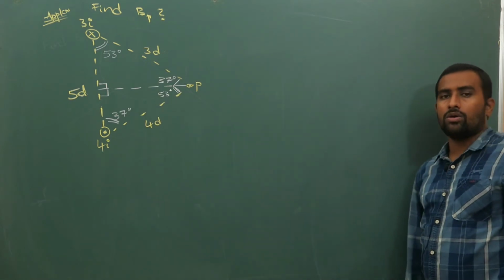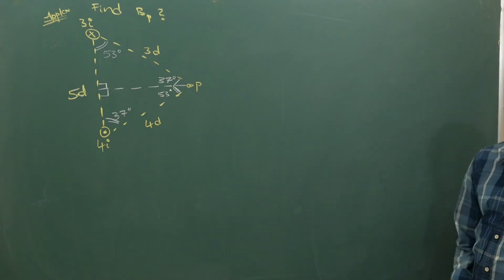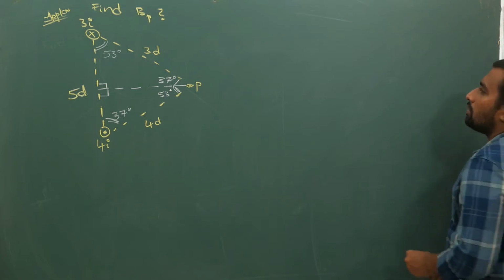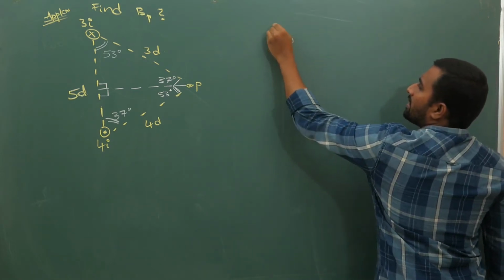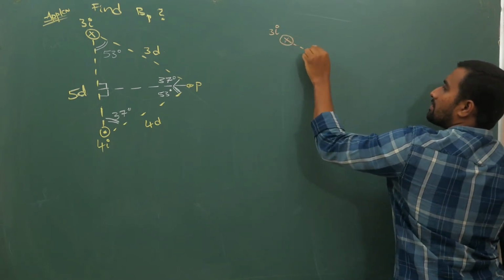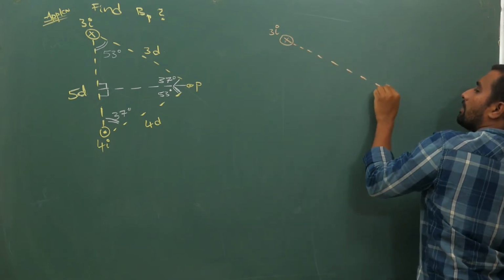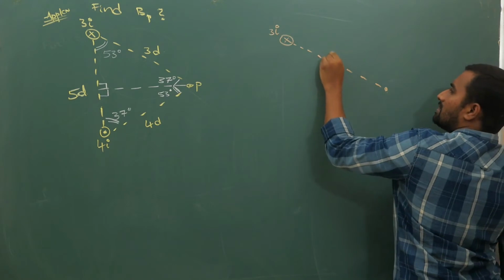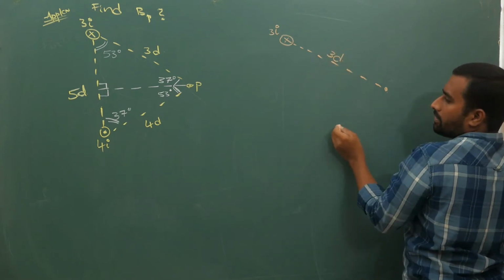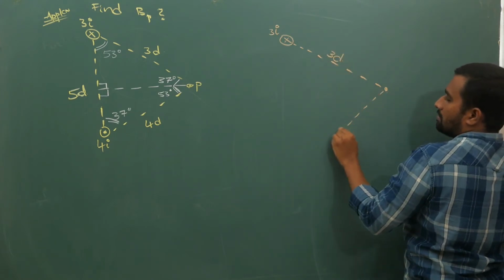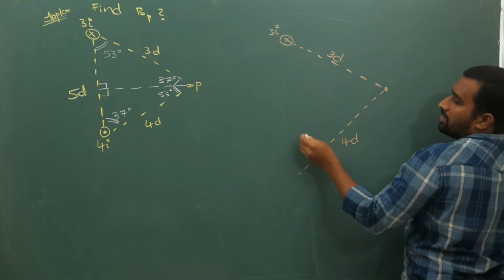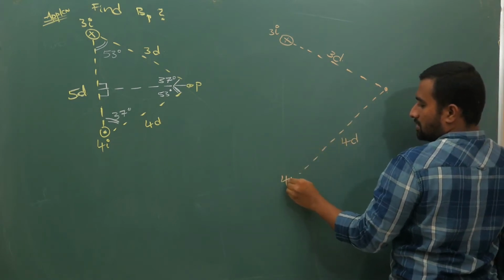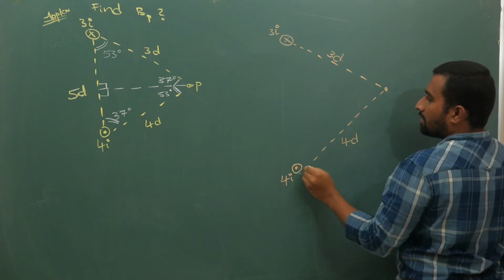So now at this point P, you have your wire which is carrying current 3I like this. This is 3D. Next, this is 4D, and this is 4I current.